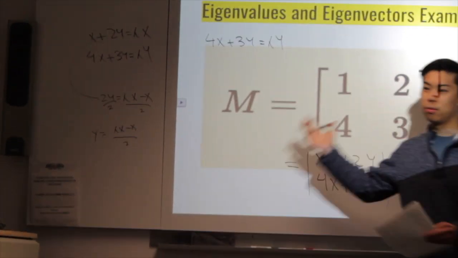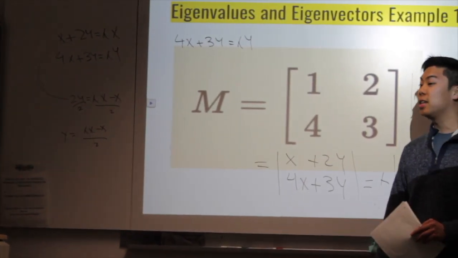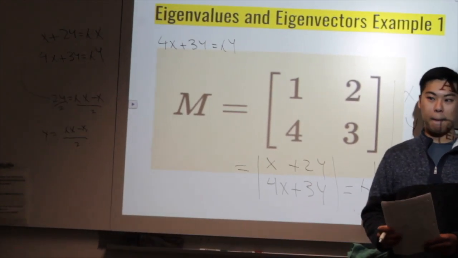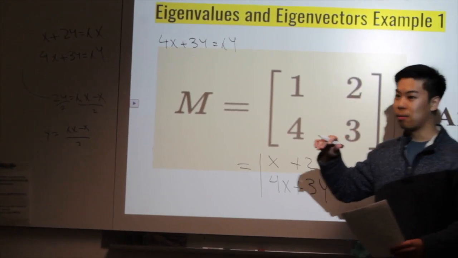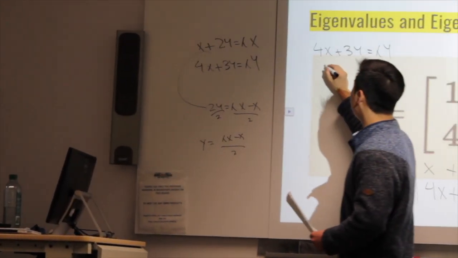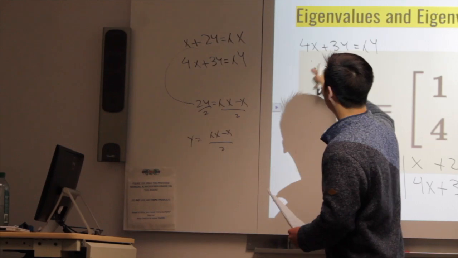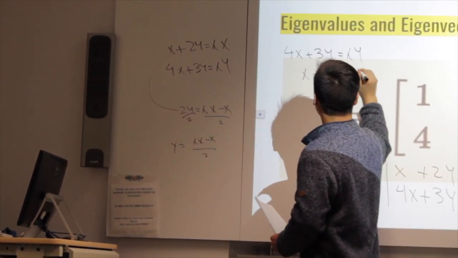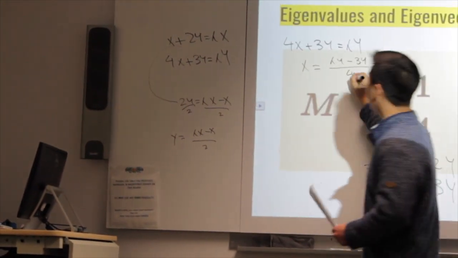Now does anyone know what we do here? Like I said, we make a representation of y or x, but how do we do it? Minus 3y, and divide by 4. Yeah. So then I'll just skip to the end. So x is lambda y minus 3y over 4.